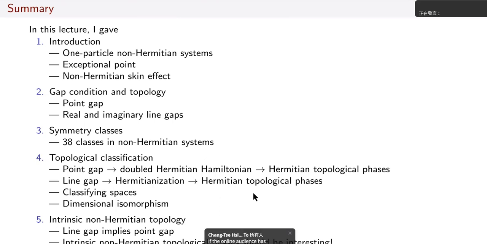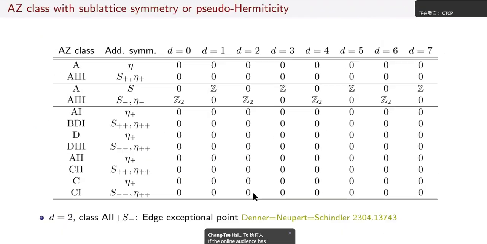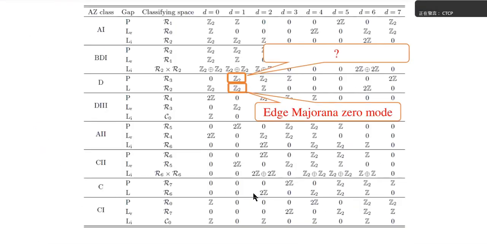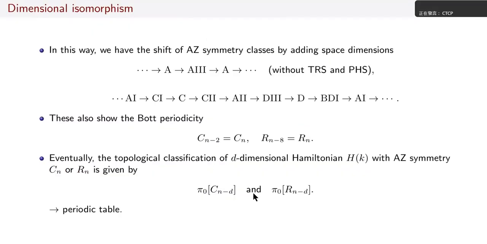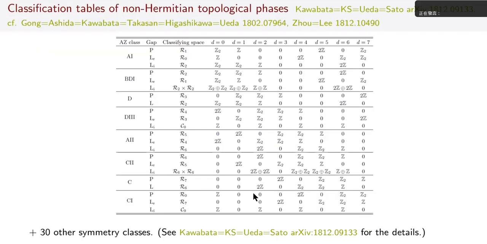Okay. Yes, I have a very naive question. Can you go to page 76, the first classification? I don't understand how this is constructed. I was expecting to see something more simple, like just a copy of the tenfold way appearing here. But then here you see a more complicated structure.